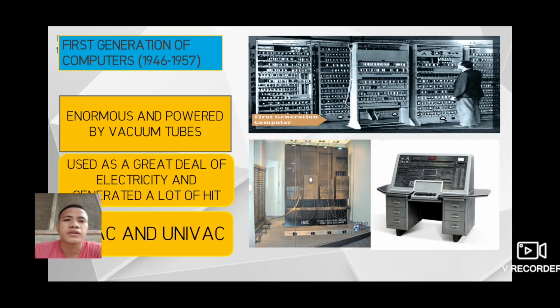The first generation of computers, from 1946 to 1957, was enormous and powered by vacuum tubes, which is bigger than the memory now. The first generation explains the hardware technology.